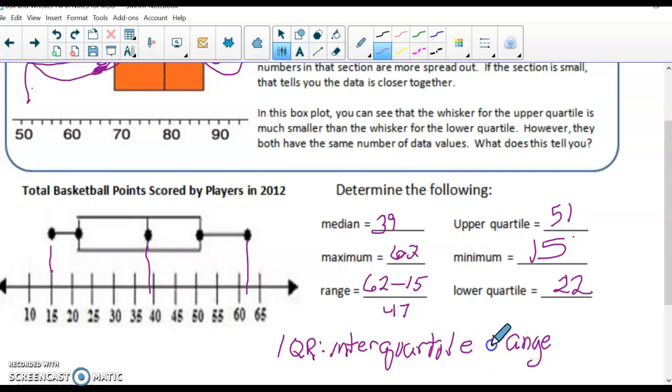Sorry in advance for my mouse printing. The interquartile range is going to be the range between the quartiles. So that's going to be 51 minus 22. So 50 minus 20 is 30. Take away 1, so that equals 29. The interquartile range is another measure of spread or measure of variability.